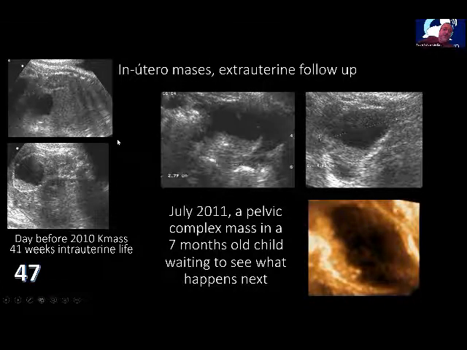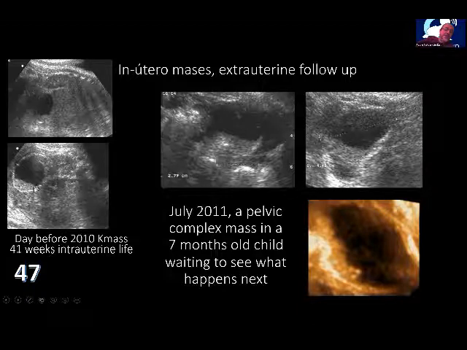So what we were talking about, this is an obstetric ultrasound. This is a female fetus with a cystic mass. It's not the bladder, believe me. This is one of the baby's kidneys, and this is the mass.